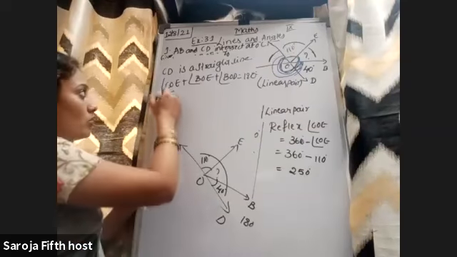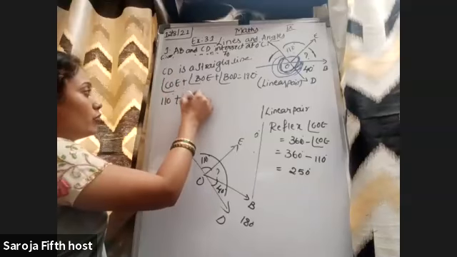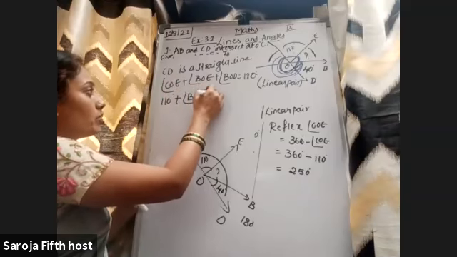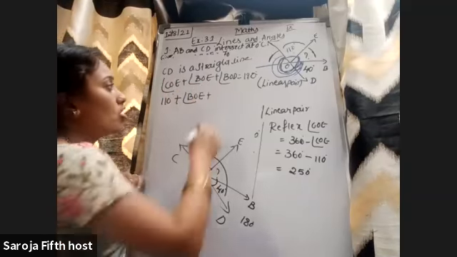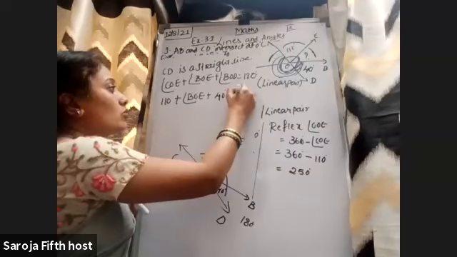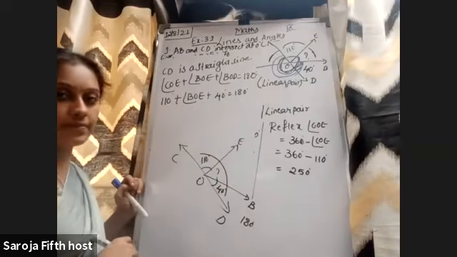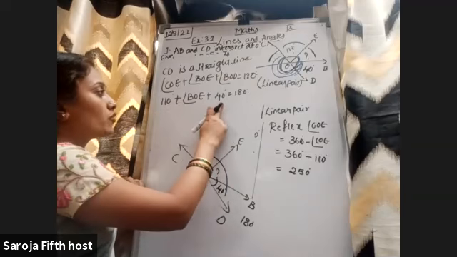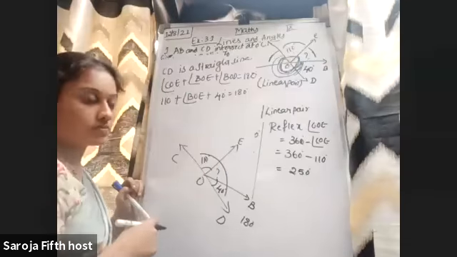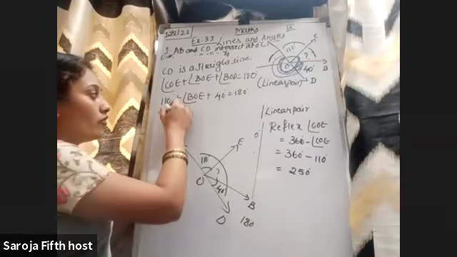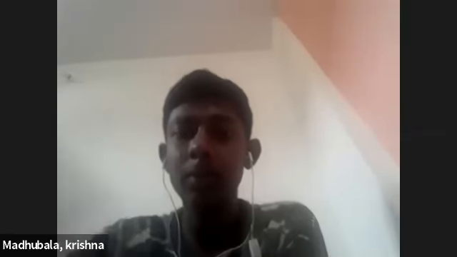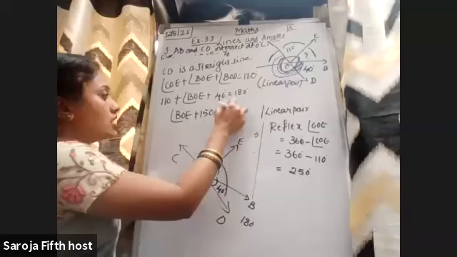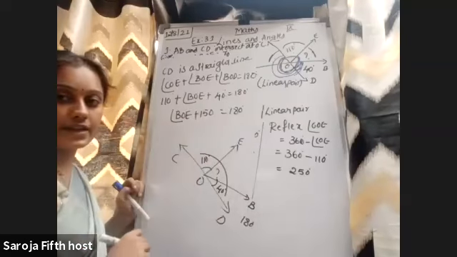COE is equal to how much? 110 degrees. BOE we need to find out. Plus BOD is equal to 40 degrees, equal to 180 degrees. 110 plus 40 is how much? 150. BOE plus 150 degrees is equal to 180 degrees.